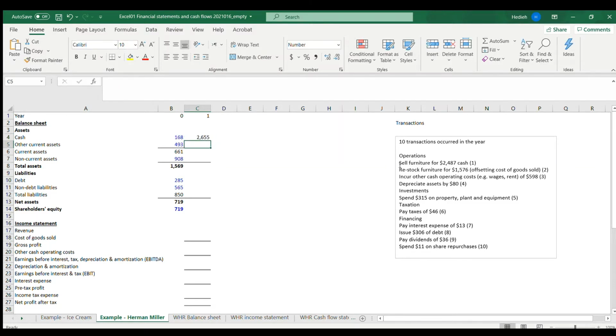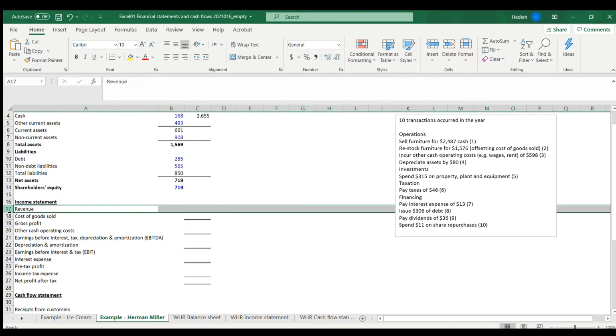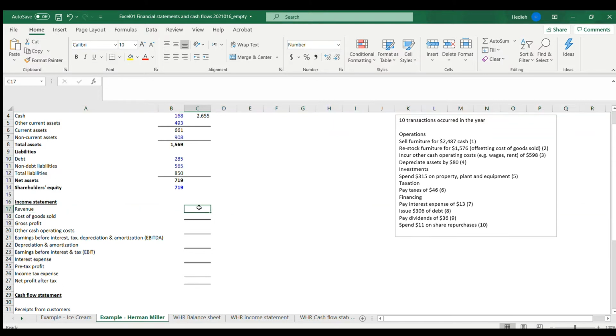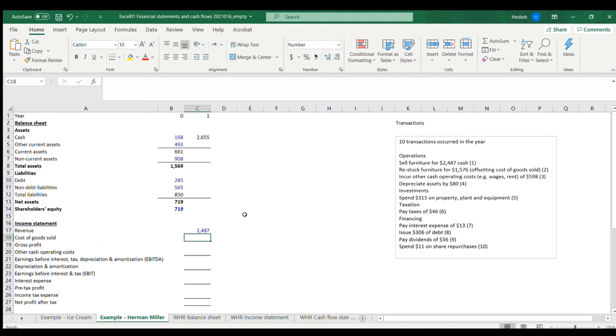Because this is selling products or finished goods to customers, this is the revenue of the company. So we should go to the income statement and add this in the section for revenue, right? $2,487. Okay, so this is the first transaction.